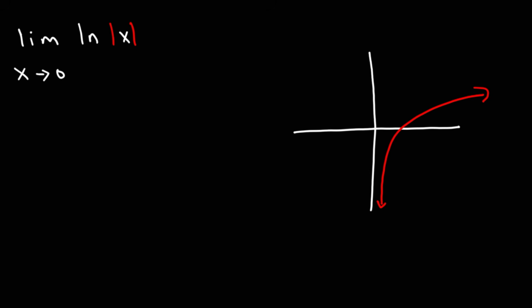Now that we have the absolute value of x, it can be positive or negative. So we're going to get the reflection of that graph across the y-axis. However, x can't be 0 because ln 0 does not exist.